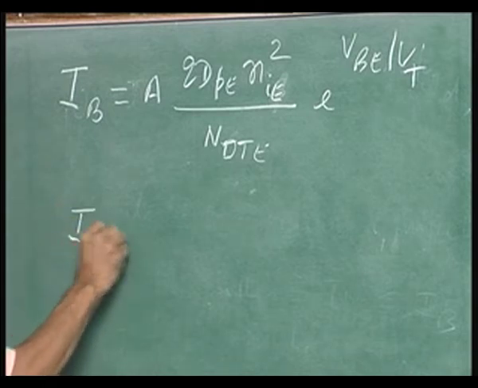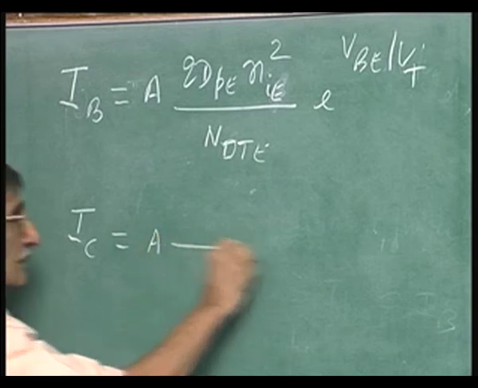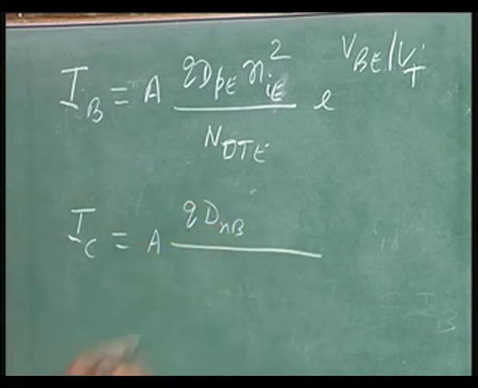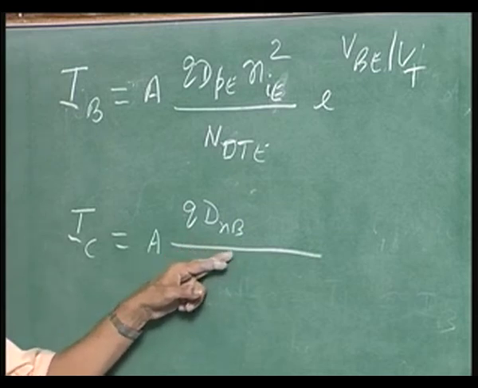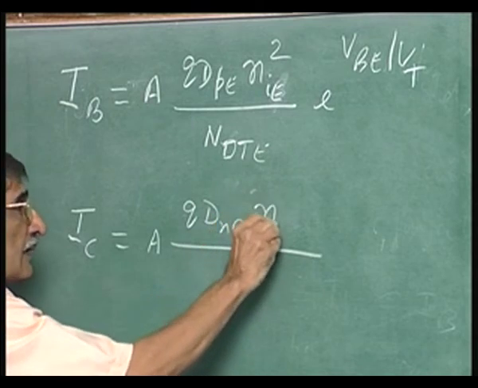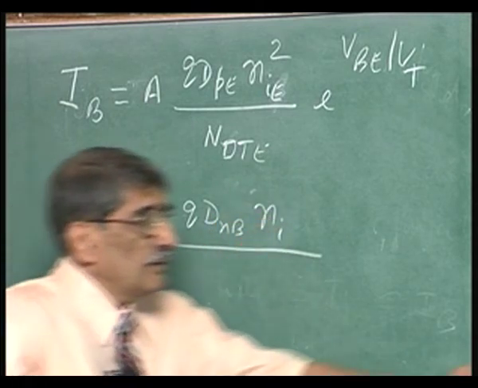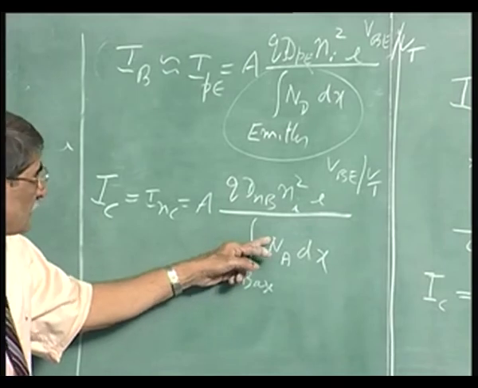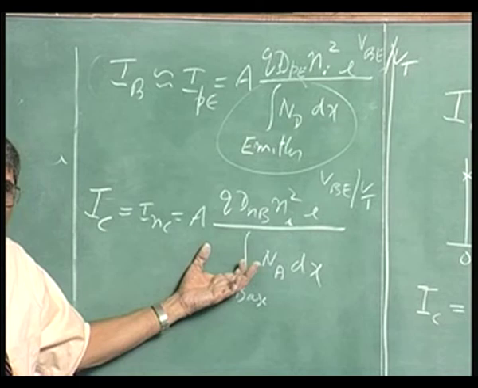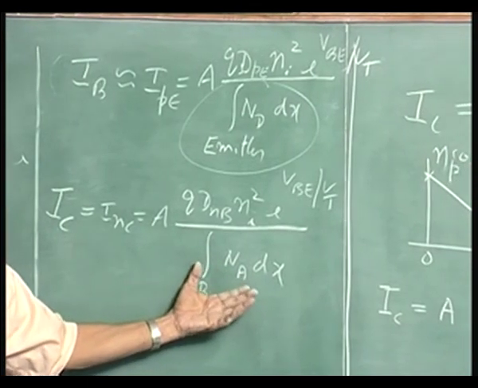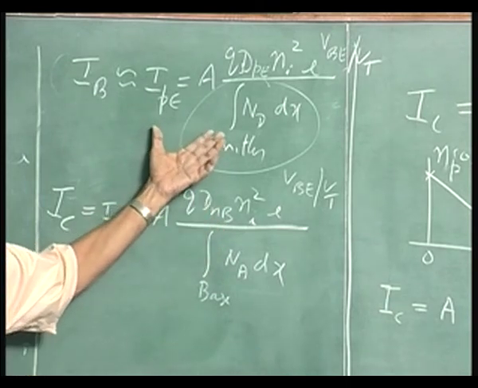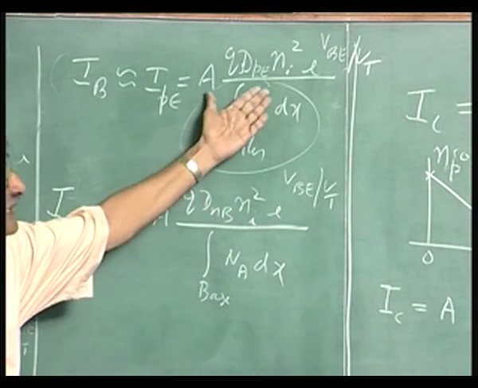IC is area Q DNB, electron diffusion coefficient in the base, into, if you go back to this quantity here, this current is a current flowing in the base region. All the properties are related to the base. The hole current injected, all the properties are related to the emitter. That is why you call Nie there.